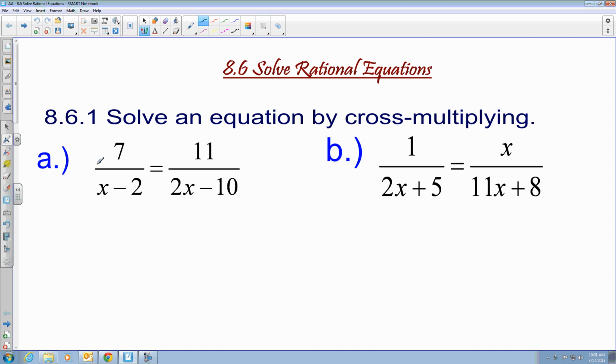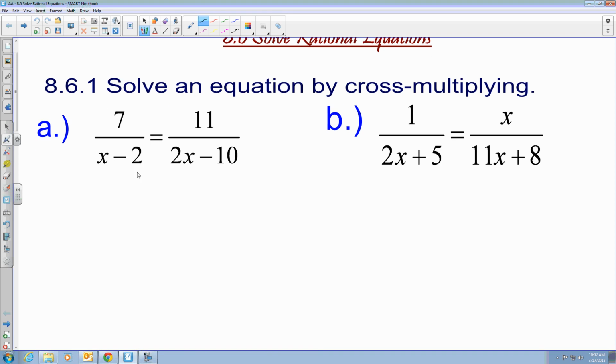These examples, A and B, want us to use cross multiplication in order to solve for the variable. What that'll do is eliminate any fractions, and then we can solve our variable.